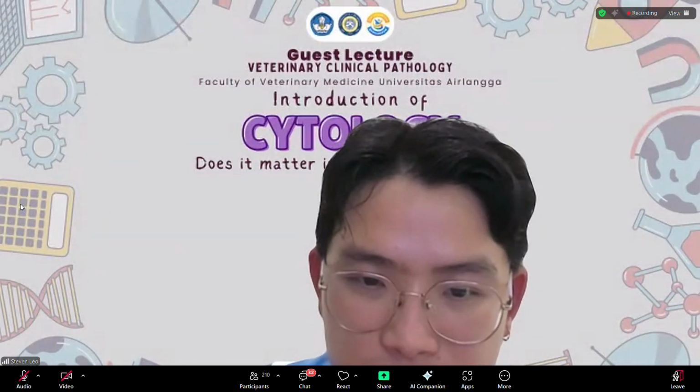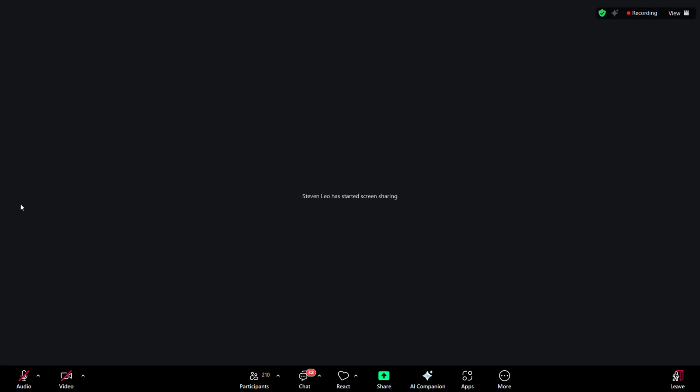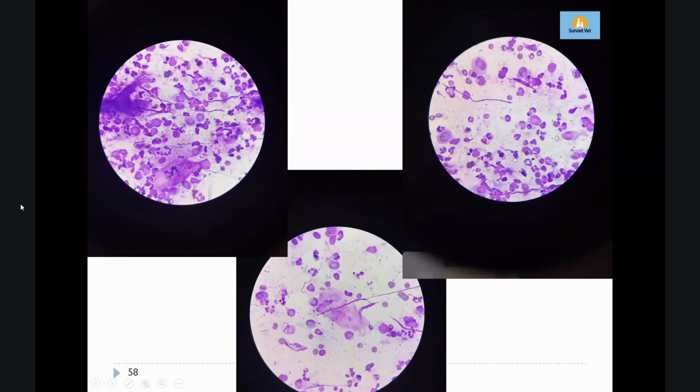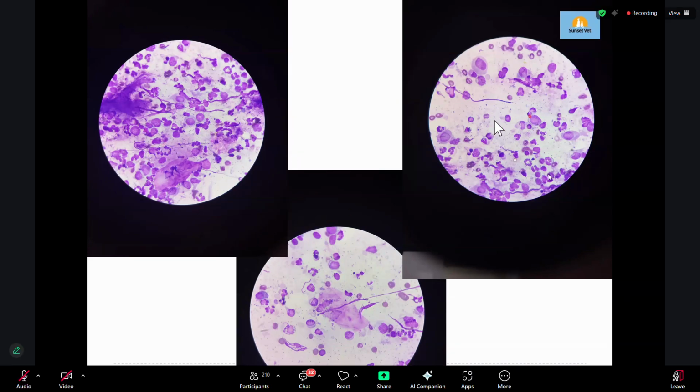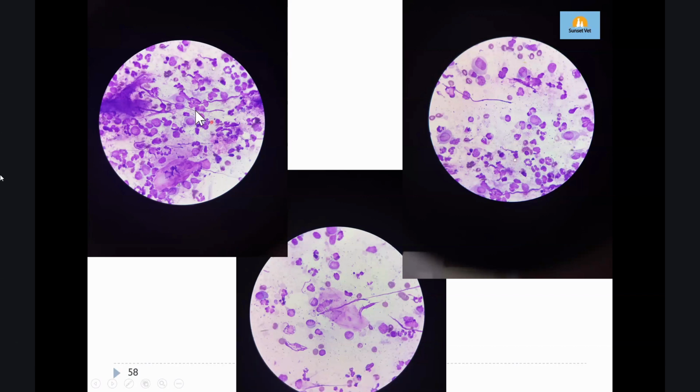Sorry. Okay, okay, inflammation, good one. So it's correct. It's more inflammation because you can see it here. This is the inflammation. I see there are a few cells that I don't know, but it doesn't matter because mostly from this one it's inflammation.